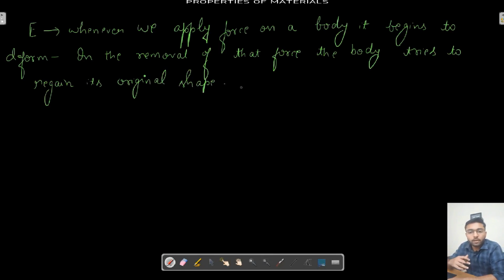So the property by which the body tries to regain its original shape is known as elasticity.